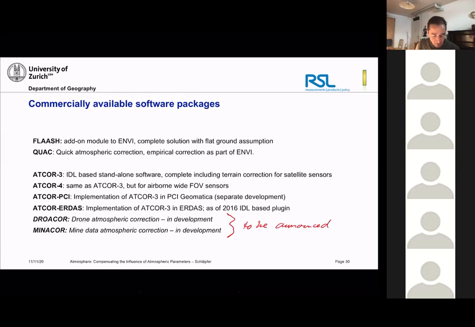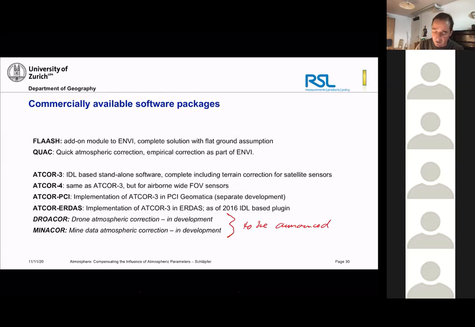These days I'm developing on these models because there is no physical-based atmospheric correction software available yet for drone imagery. So if you fly at low altitudes, people are still using the empirical approaches for reflectance retrieval. And in some situations, it would be nice to have a more physical approach and a more stable approach for reflectance retrieval.